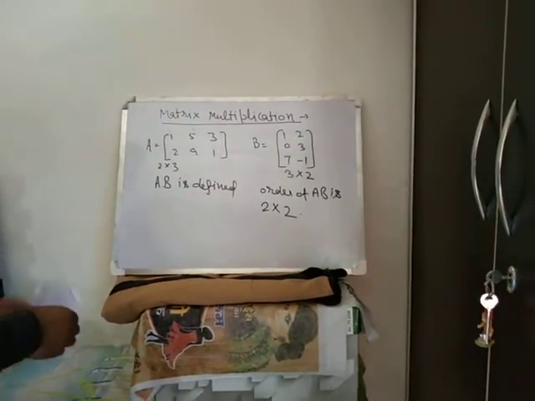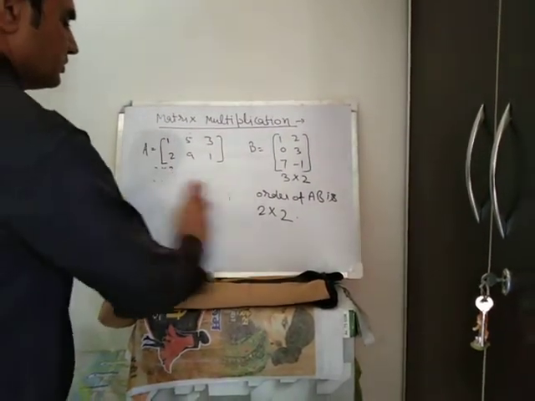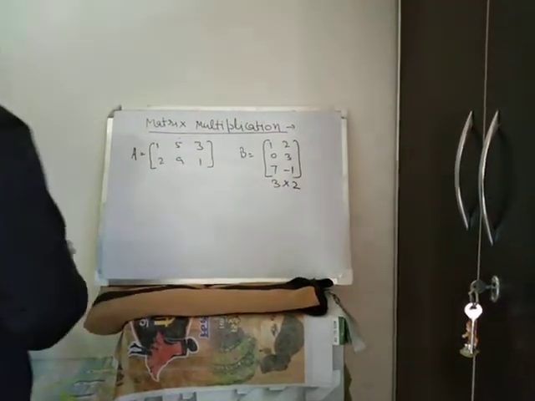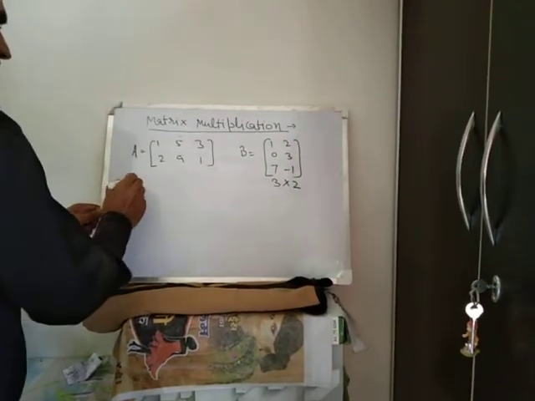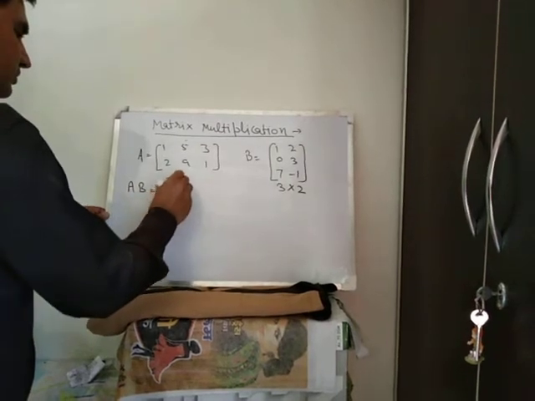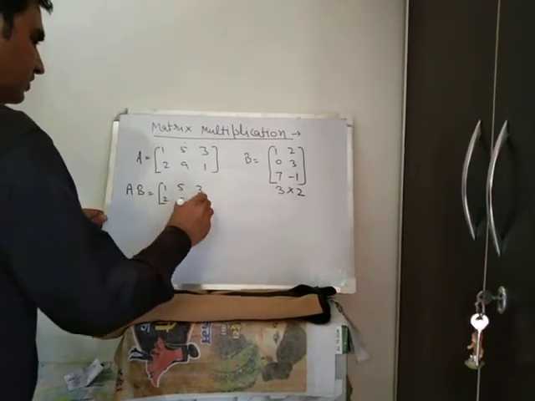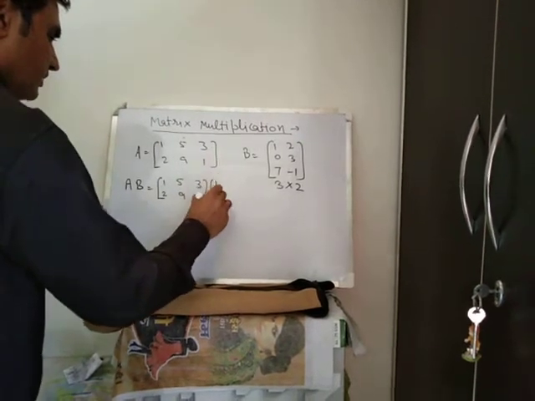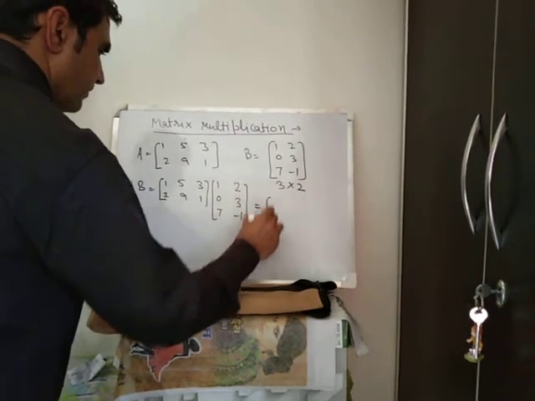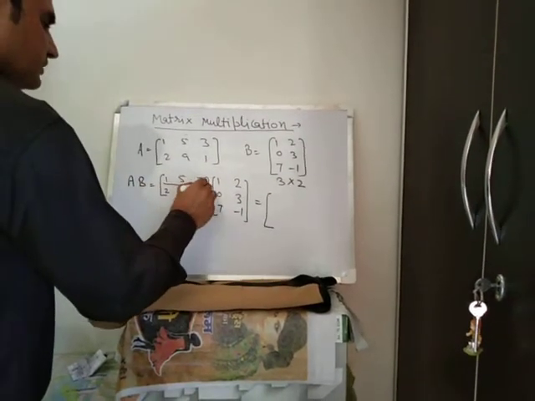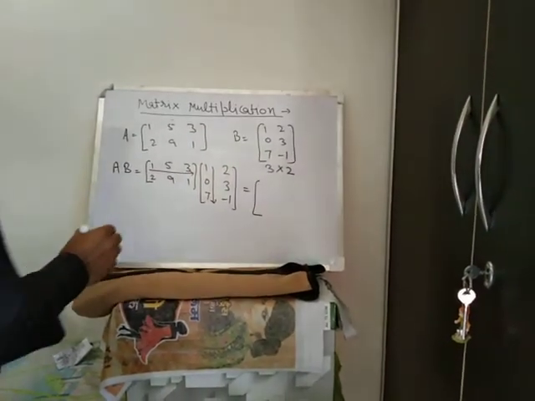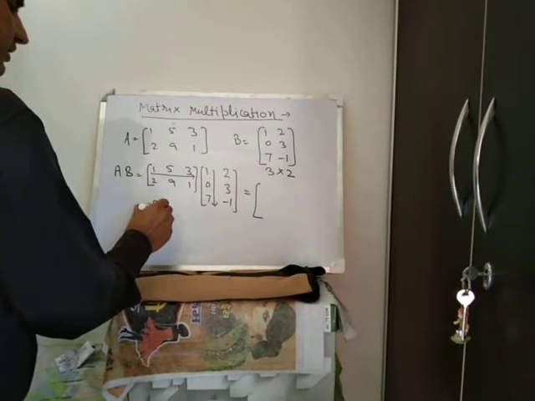A very important thing is how to calculate this product. How to calculate A into B? A is 1, 2, 5, 9, 3, 1 and B is 1, 0, 7, 2, 3, minus 1. This first row is associated with this first column and we get the element A11.